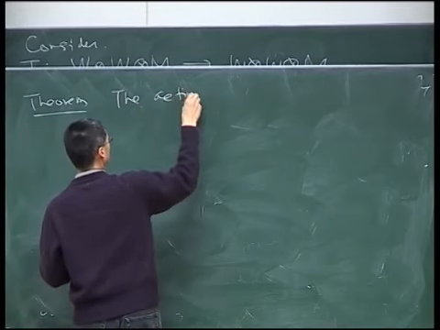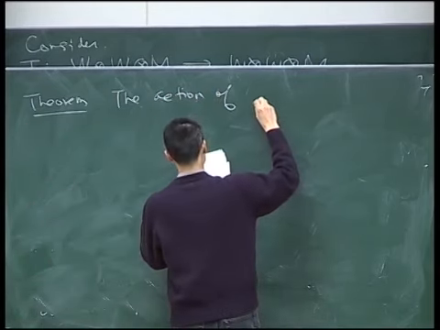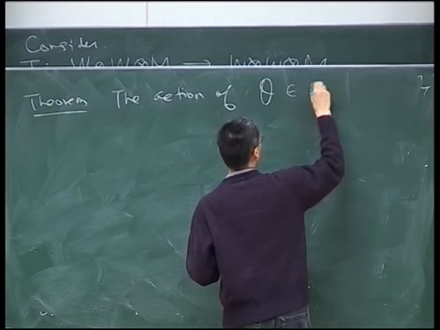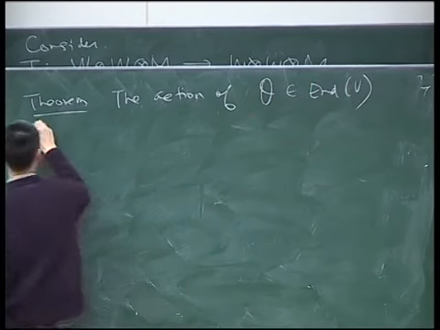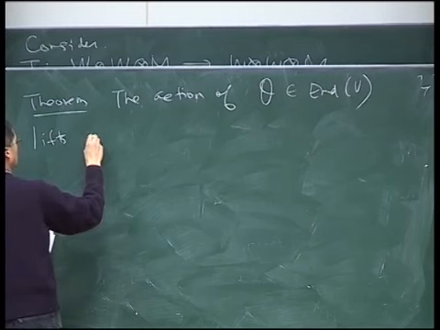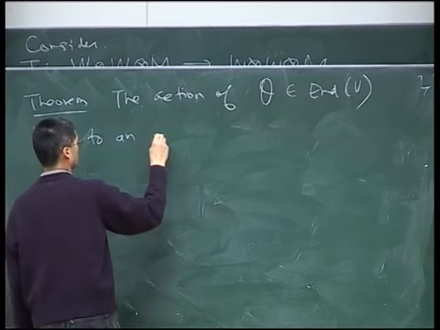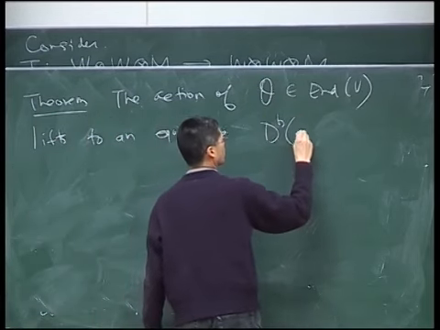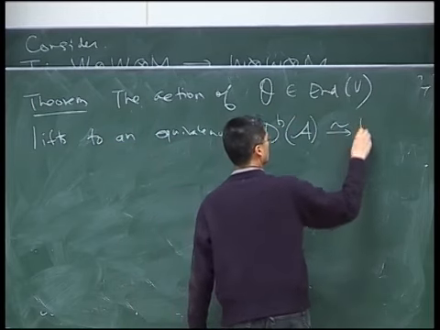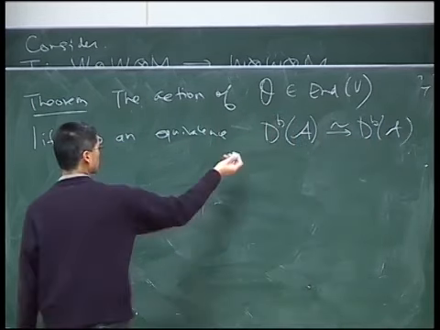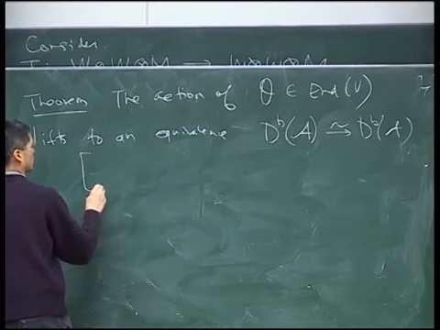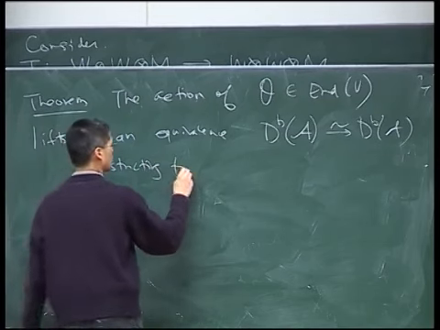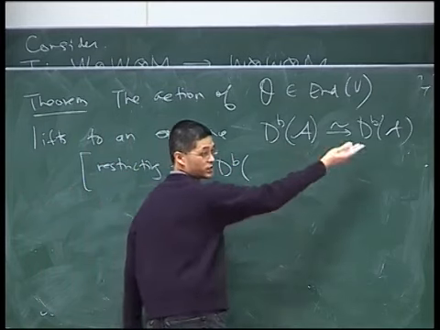The action of theta lifts to an equivalence of the derived category, a self-equivalence, which restricts on weight spaces as expected, I guess. This restricts automatically to derived equivalences between opposite weight spaces.